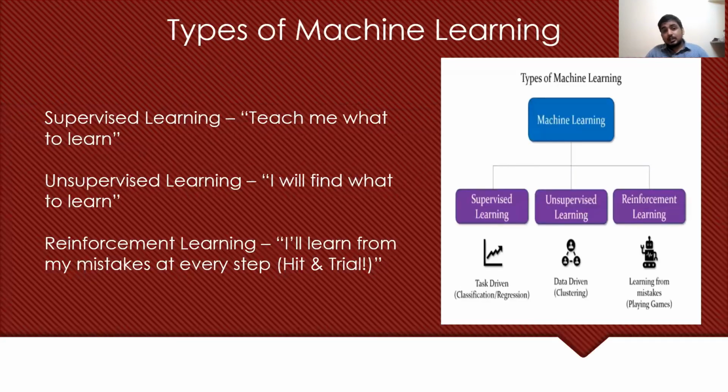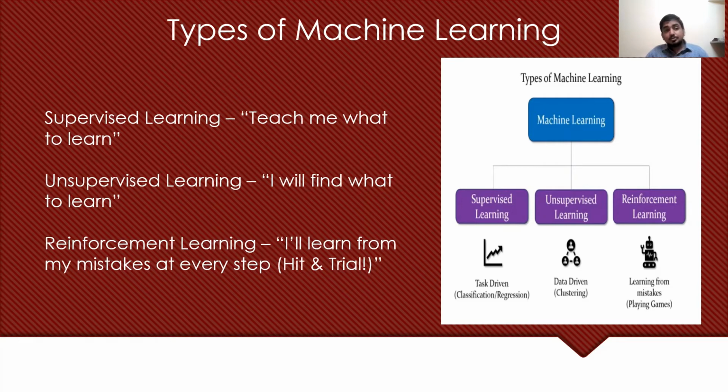Now, there are three types of machine learning: supervised learning, unsupervised learning, and reinforcement learning. Supervised learning is task driven. It generally does classification and regression. Unsupervised learning is data driven and generally does clustering. Reinforcement learning learns from mistakes and is generally used to play games.